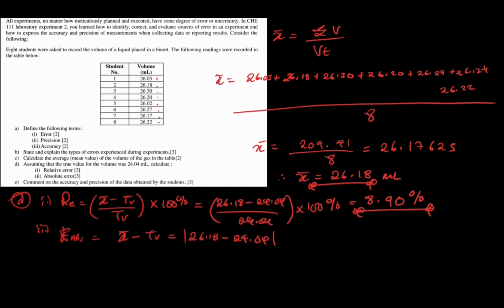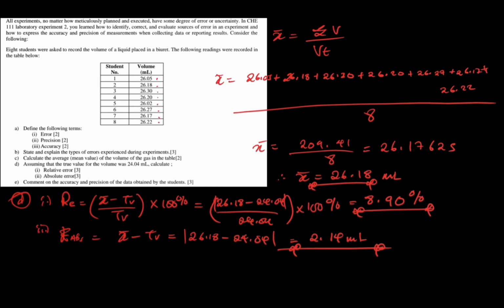Be mindful that the relative error is simply equal to the absolute error divided by the true value times 100%. That's another way you can phrase it. So 26.18 minus 24.04 gives an absolute error of 2.14 milliliters as my final value. That's how I go about solving those questions.